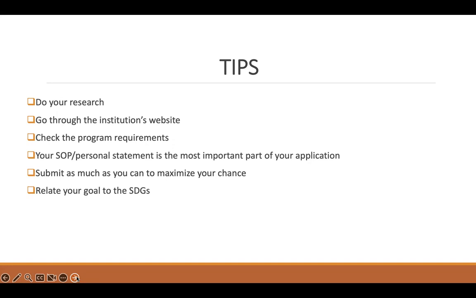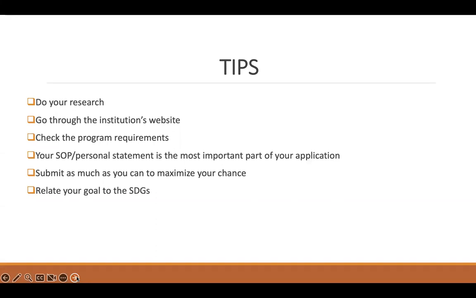Trust me, the SOP, to me, I would say, is even more important than the essay you are submitting to the CSC website itself, because the SOP is what the school will read to nominate you to CSC. And the most important part is the school nominating you to CSC. Once the school nominates you to CSC, like 70% of it is done. So your SOP is very, very important.